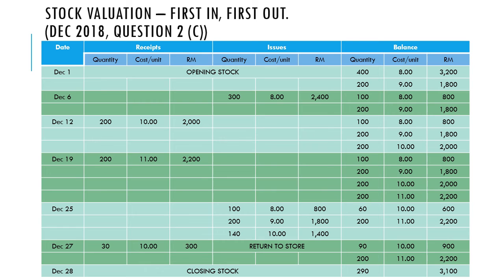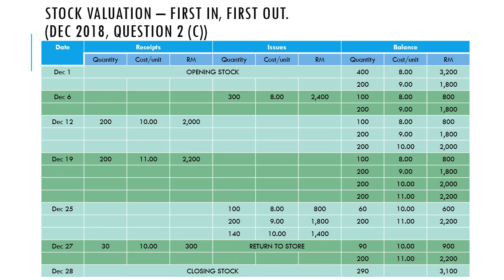Since you are using the first in, first out method, take the older stock first, then you use the newer stock. So in this case, you want to use 300 kg. Take 300 kg out of 400, not from the 200. So now the balance leaves only 100 of the older stock and 200 of the newer stock.